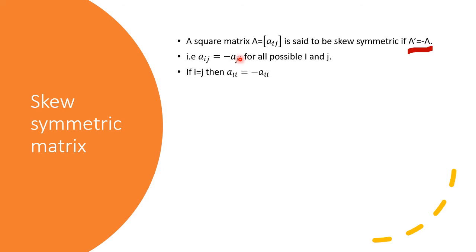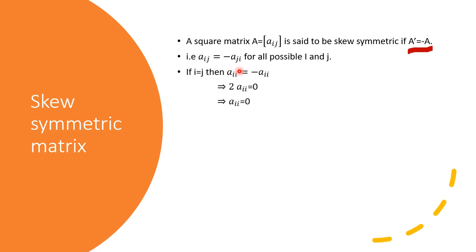If you process further, if i is equal to j, we can take all the elements A11, A22, A33, A44, like that. So for that, Aii will be equal to minus Aii. If we take this minus Aii to the left hand side, then you will get 2Aii equals 0.